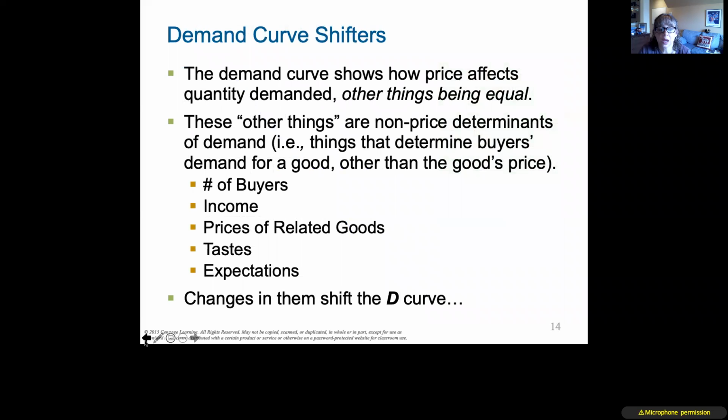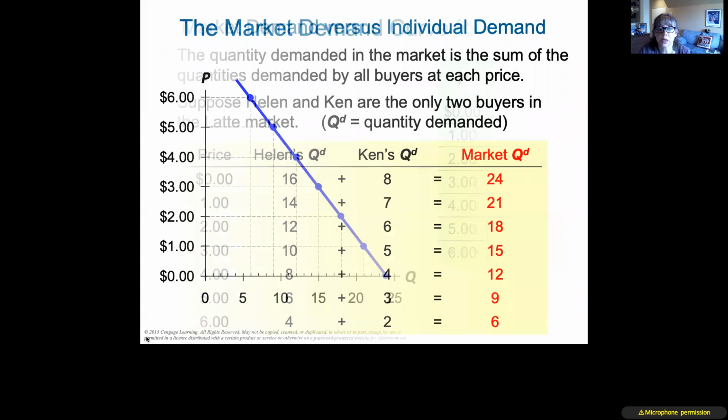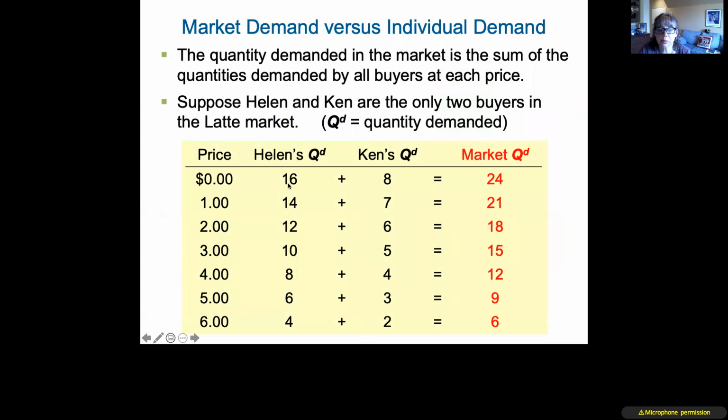No. And I just want to bring back that one point here. Helen wanted 16 at the price of 0, but Ken only wanted 8. He only dropped his demand by 1 for every price point, where Helen dropped hers by 2 for every price point. They literally have a different caffeine intake habit. And I just wanted to mention that because consumers are not going to behave logically exactly the same.